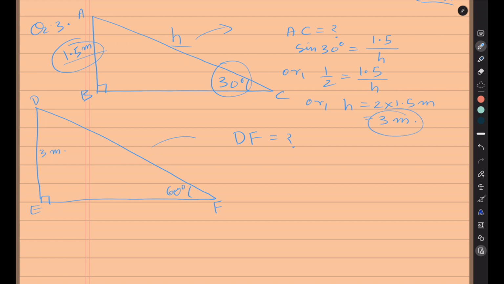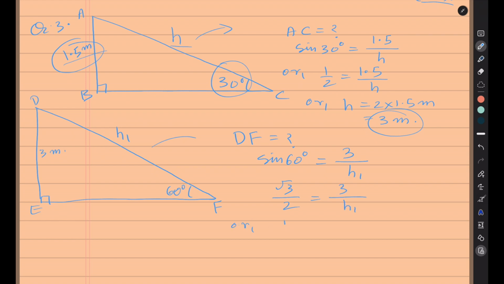Okay, let us find it for elder children. Here, sine 60 will be equal to perpendicular divided by H. We can call it H1 here. And sine 60 is equal to root 3 divided by 2.